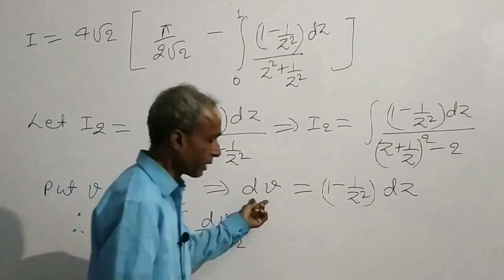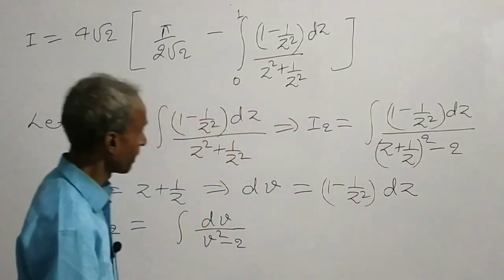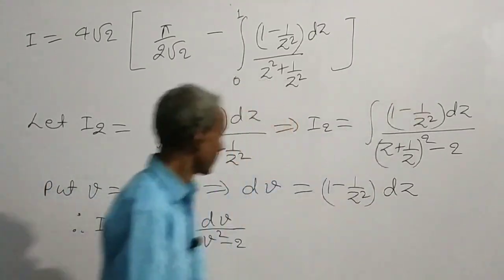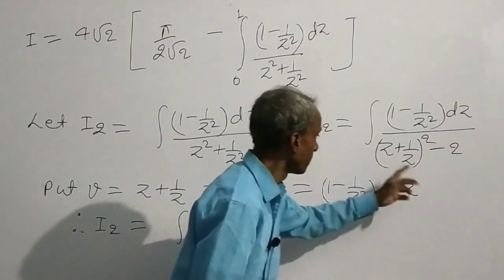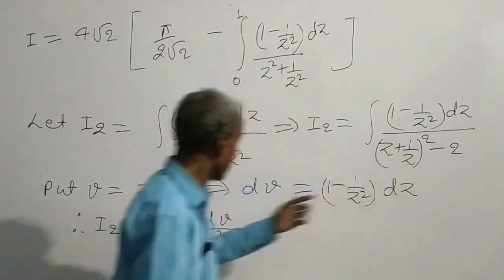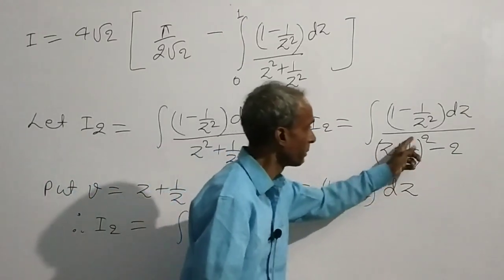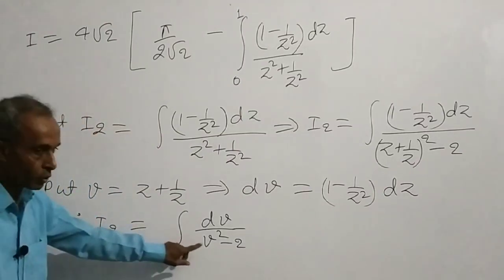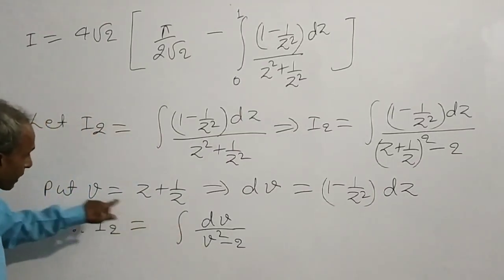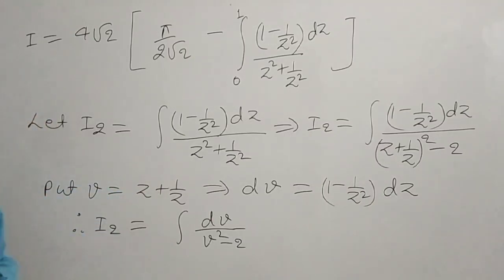Then dv will become equal to 1 minus 1 by z square dz. Therefore, numerator will be dv and in the denominator, since z plus 1 by z is v, therefore denominator will be v square minus 2. That means I2 is equal to this, where v is equal to z plus 1 by z.